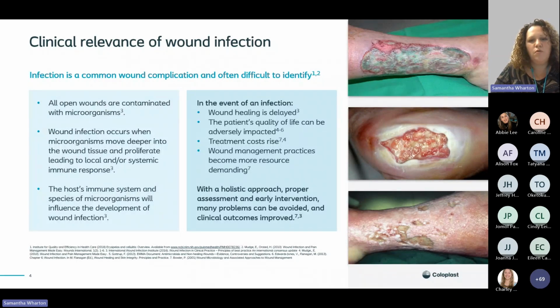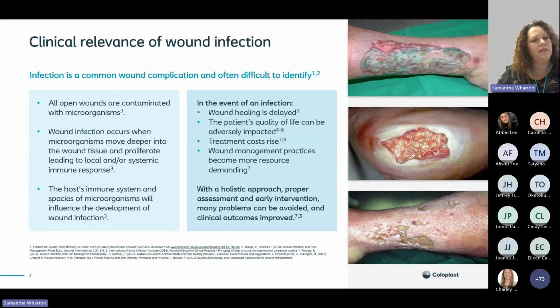When we've got a normal immune system, our own defences can manage those microorganisms and they don't cause any issues. But it's when those microorganisms move deeper into the wound and start proliferating, so they start multiplying, that's when you have an issue and where wound infection occurs. And that leads to a local or systemic immune response.